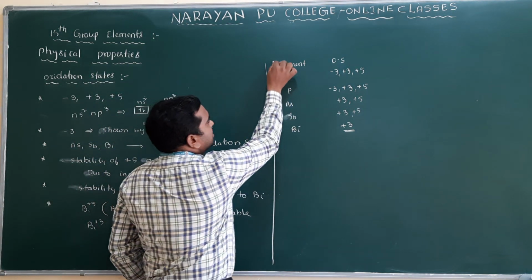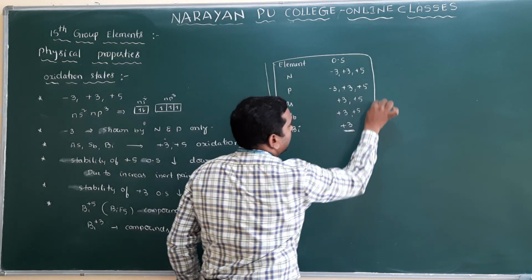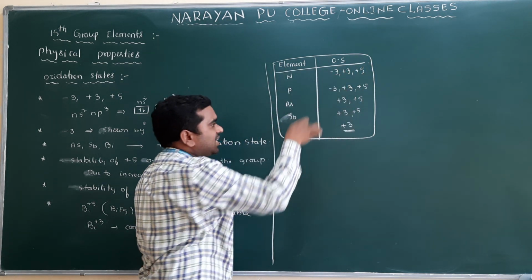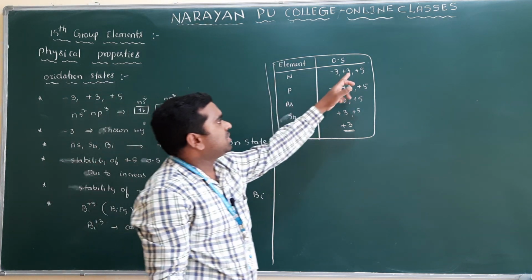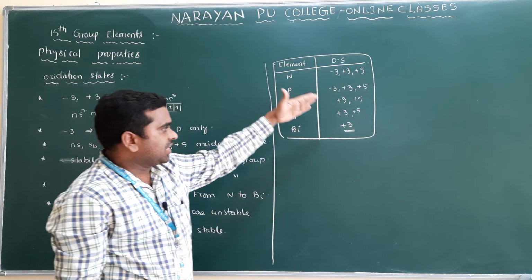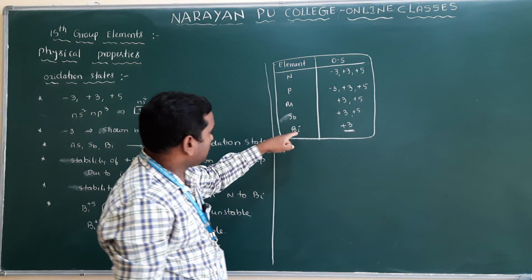If you write a table like this, with element and oxidation state, then you will get clarity. The +5 oxidation state stability keeps on decreasing down the group from nitrogen to bismuth.